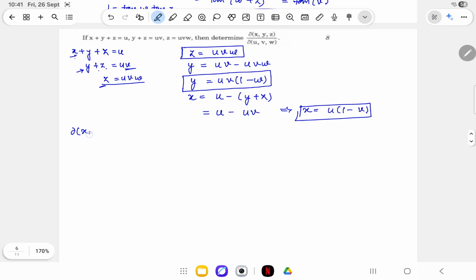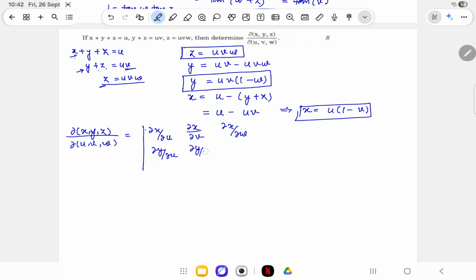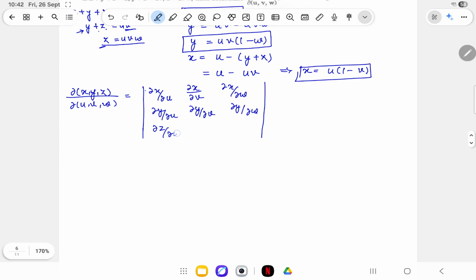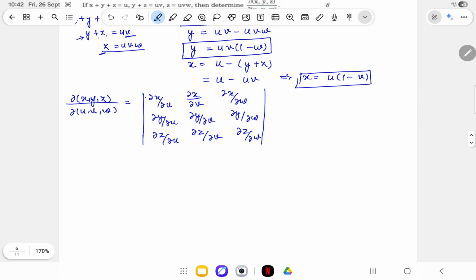So ∂(x, y, z)/∂(u, v, w) will be equal to the determinant of the matrix with rows: ∂x/∂u, ∂x/∂v, ∂x/∂w; ∂y/∂u, ∂y/∂v, ∂y/∂w; and ∂z/∂u, ∂z/∂v, ∂z/∂w. Let's calculate each of these partial derivatives.